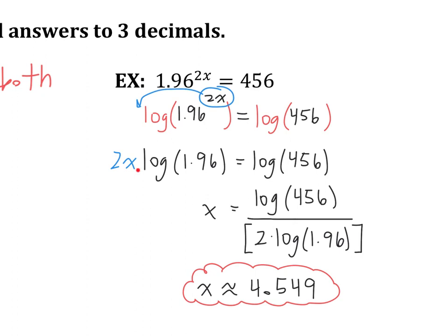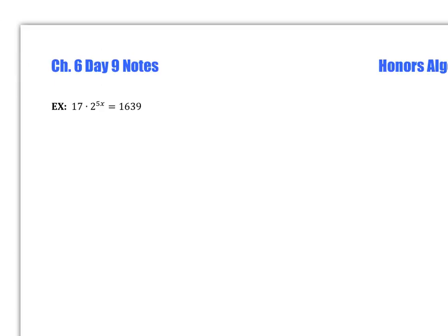To get x by itself, we have to divide by 2 times the log of 1.96. Make sure you put parentheses around that entire denominator, otherwise you're going to get a different value. So if you didn't get 4.549, you may not have put parentheses on your calculator in the denominator. Double check that now, and if you have questions, let us know.